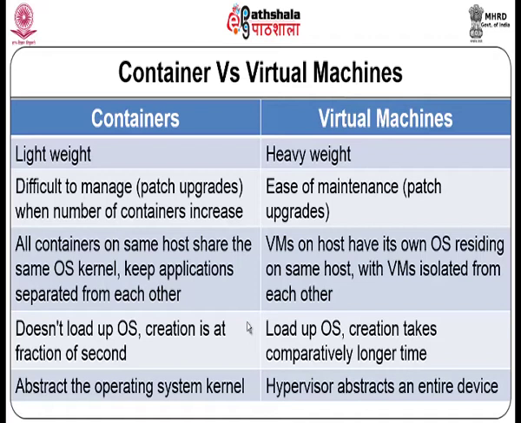A virtual machine is a little easier to maintain because it is a complete machine and patches can be generated, whereas containers are more difficult to manage when there are many containers. Each container will have separate requirements, but they will be combined together. All containers on the same host share the same OS kernel. So, it becomes very difficult for the kernel to manage these applications and keep them separate from each other.